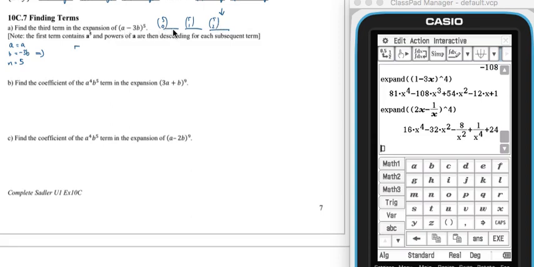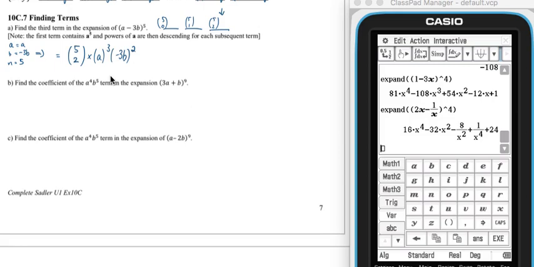And then our A is going to be a to the 5, a to the 4, a to the 3, and our B coefficient is going to start at 0, so 0, 1, 2. Now, if we can assess this and simplify this, we've found our term.